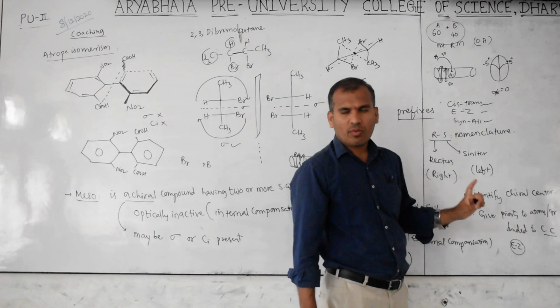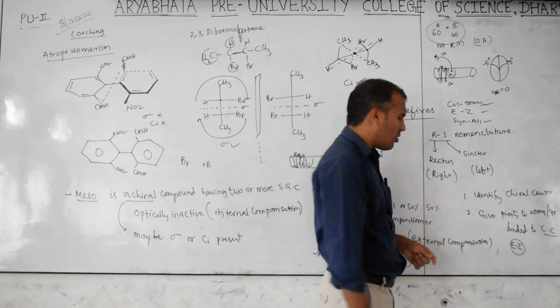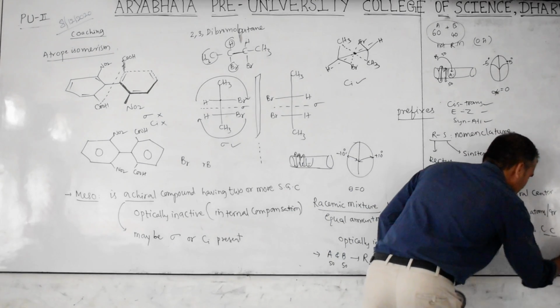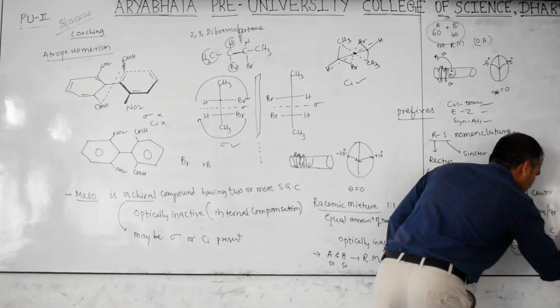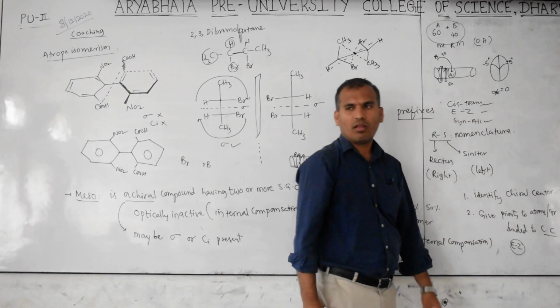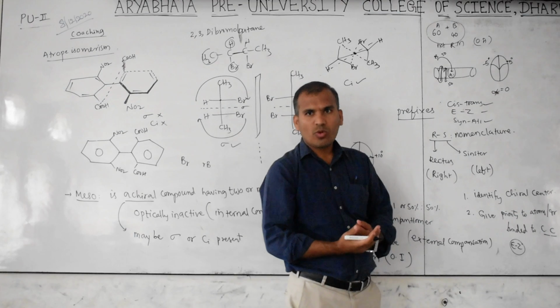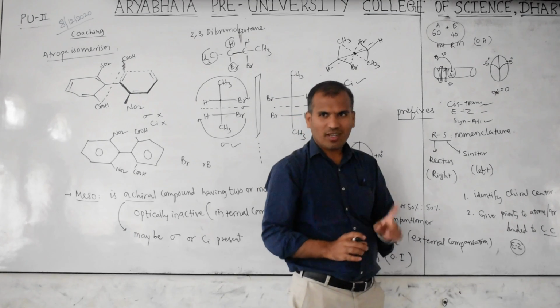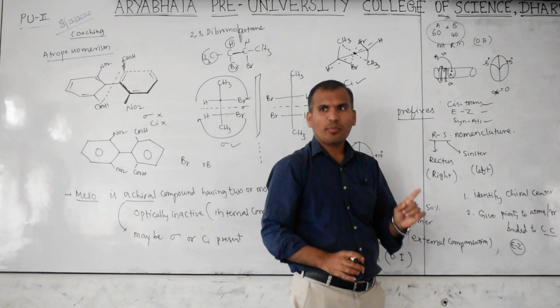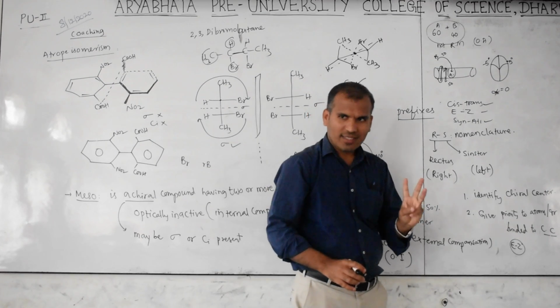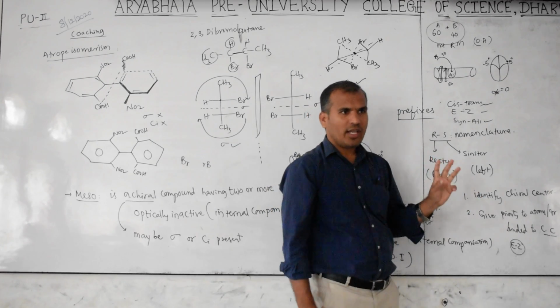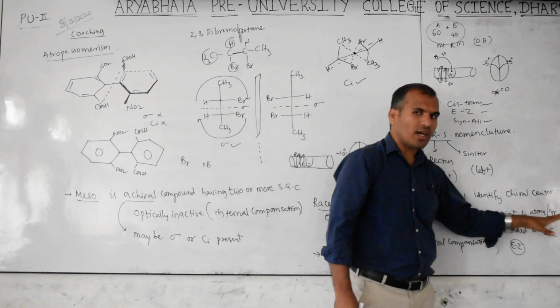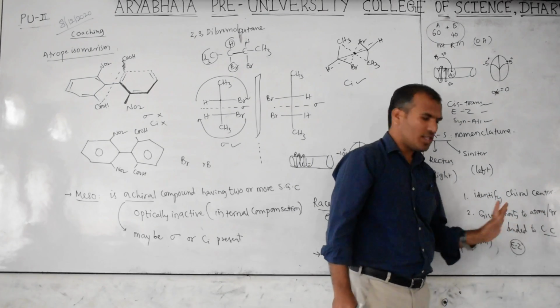The rules are the same as EZ nomenclature. The rules are named what? CIP rule. CIP means Cahn, Ingold, Prelog. These three scientists gave this rule, already given in EZ nomenclature.